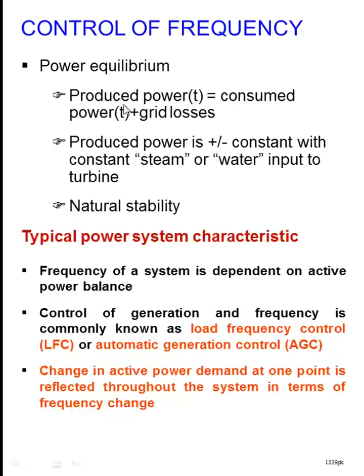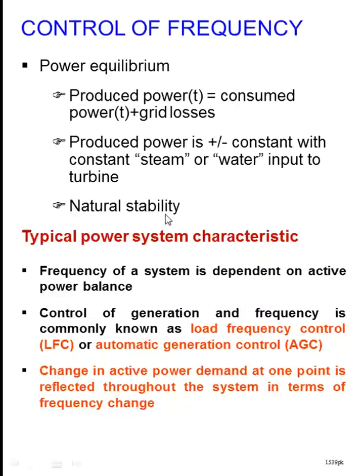Now whatever power is produced, there could be plus or minus changes, and then you need to have plus or minus changes either on the steam side or on the water inlet to the turbine here, and that forms a basis for natural stability in the system.